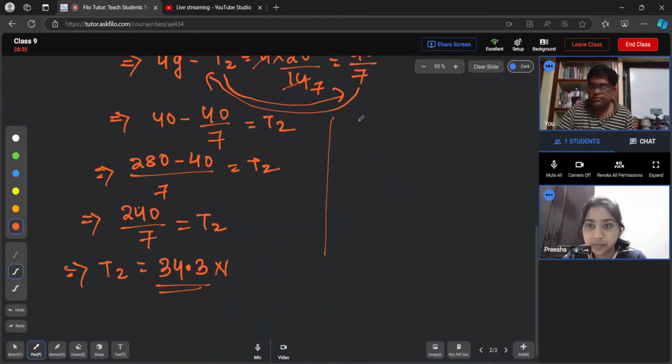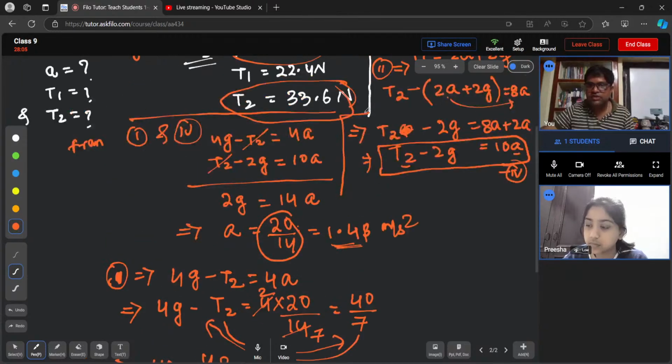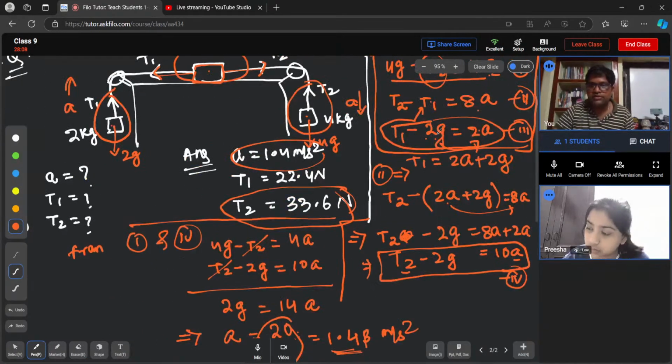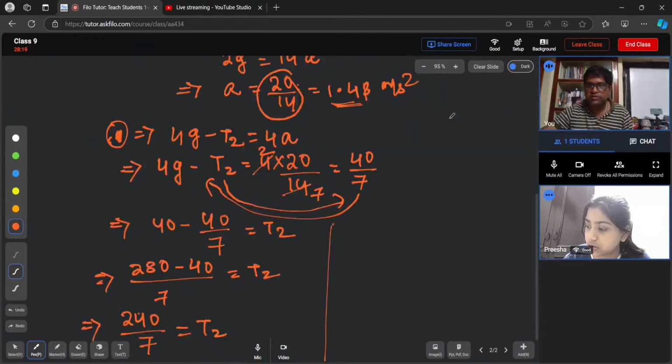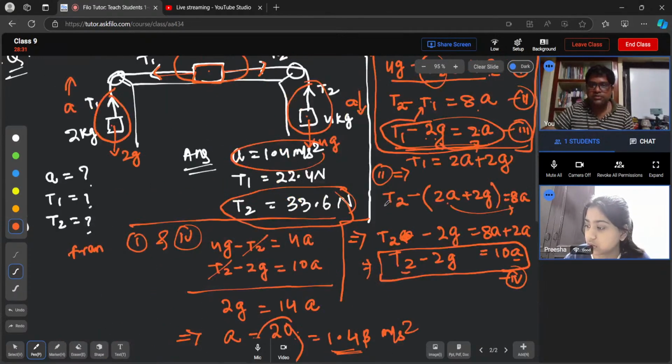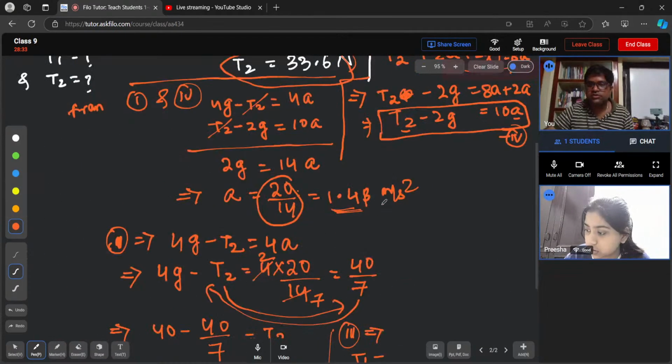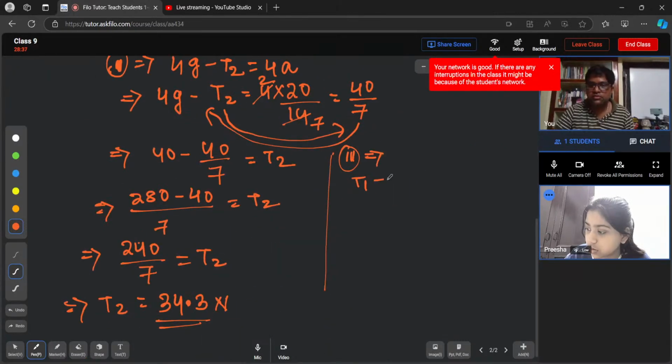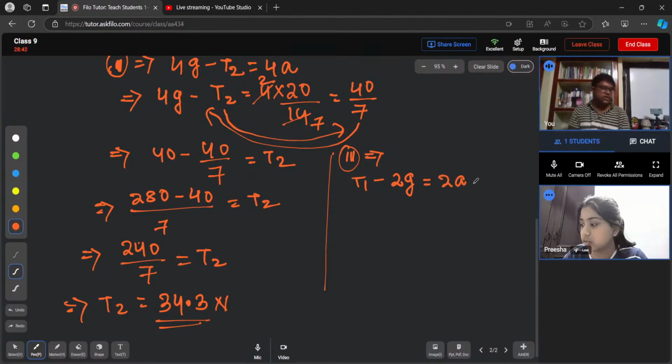Yes, sir. Now for T1 what will we do? We can use the acceleration in another equation where T1 is involved. So equation 3. Let us put the value of acceleration in equation 3 to get T1. Equation 3 implies T1 minus 2g equal to 2a.